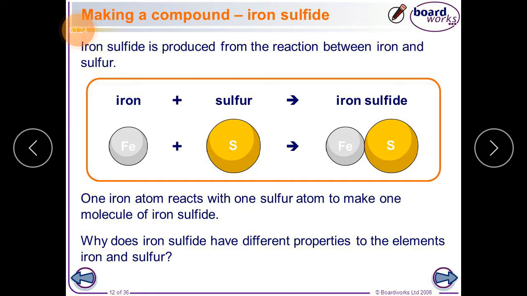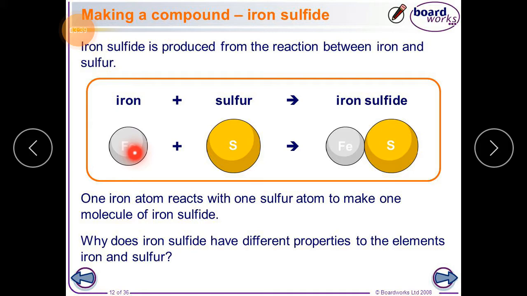Let's discuss making a compound, iron sulphide. Students, formation of iron sulphide is an example of chemical reaction. Iron sulphide is produced from the reaction between iron and sulfur.